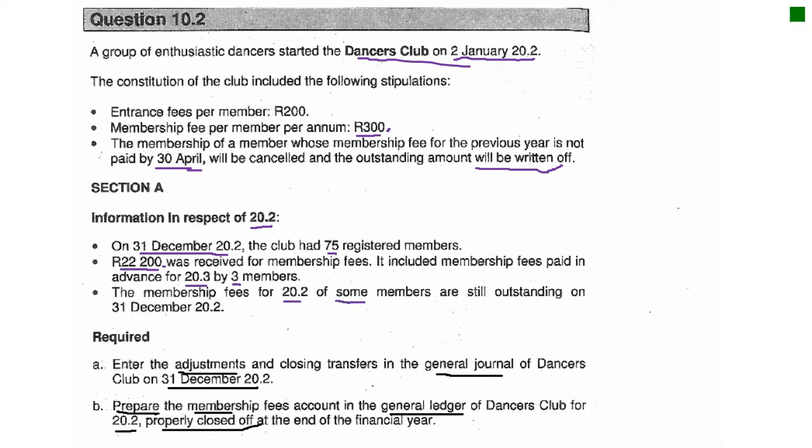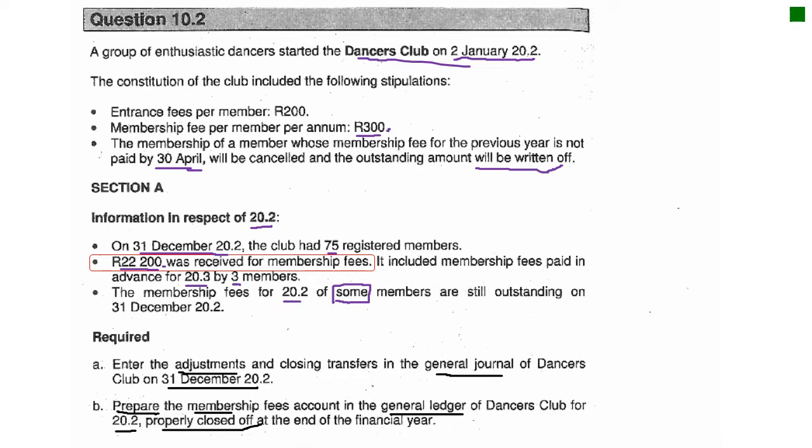Here we can already pick up that they haven't told us how many, so there's something we're going to need to calculate. How many members had not paid their membership fees by the end of the year? Sometimes they give you that in the question, other times they won't, and you have to be able to work it out.